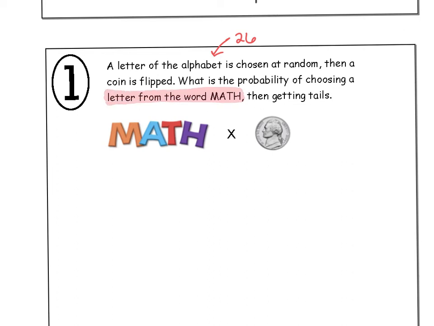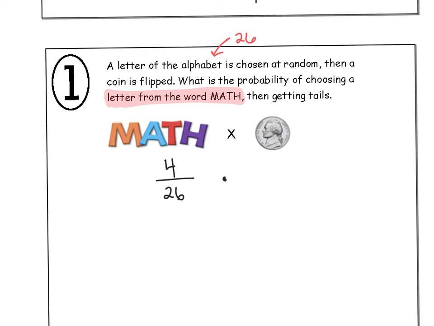So how many possible outcomes are there in the word math? Well, there are 1, 2, 3, 4. There's 4 different letters. So for my first event, I have 4 possible letters from the word math out of 26 total possibilities. So 4 out of 26.